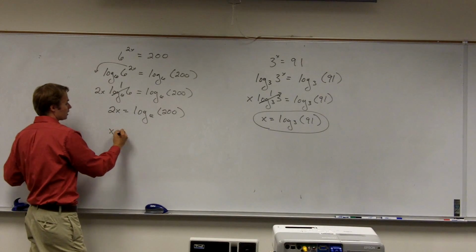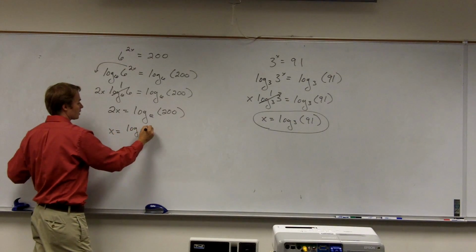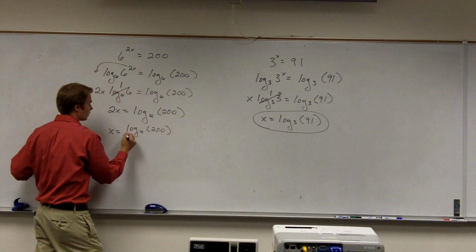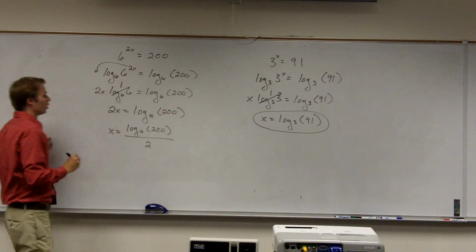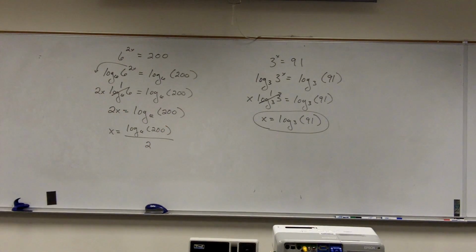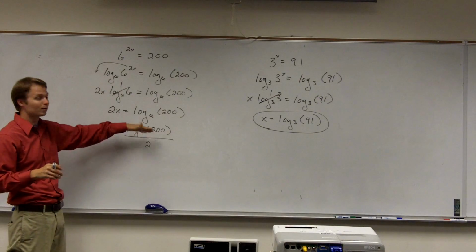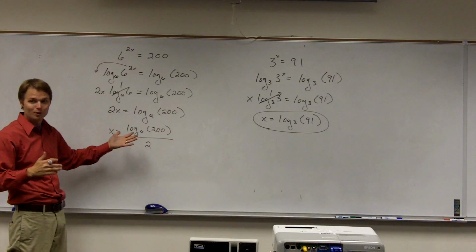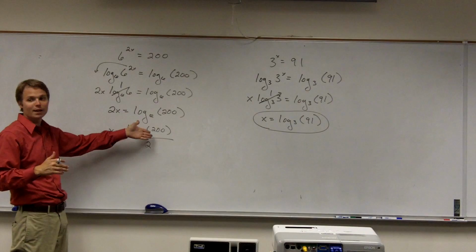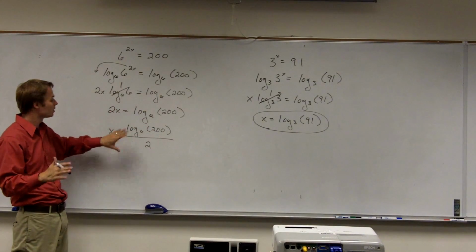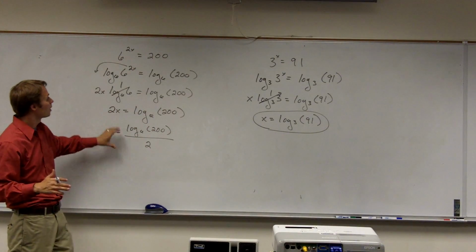And I'll get that x is equal to log base 6 of 200 over 2. And again, we don't care that this is a nice, neat answer. We just care that this is a number. Log base 6 of 200 is some number, and then 2 is some number. If we wanted to, we could figure this out, putting in a calculator, change the base, but this is a perfectly good answer right here.